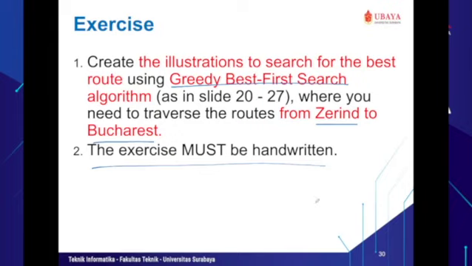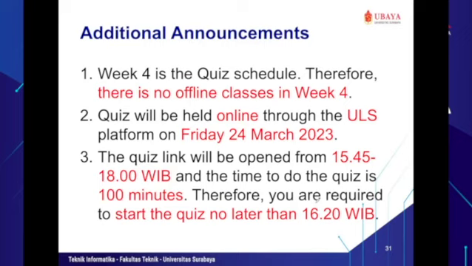As additional notes, we also have additional announcements. Next week, week 4, is actually the quiz schedule. We will have no offline classes in week 4. The quiz will be held online through the ULS platform on Friday, 24 March 2023. So next Friday will be the online quiz.